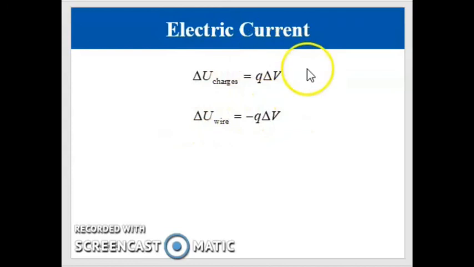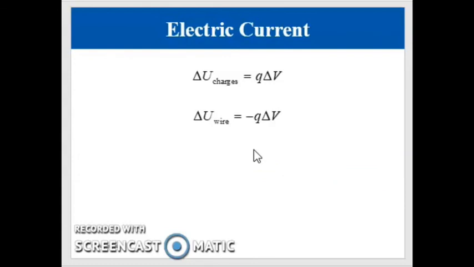This equation is the same as equation 16.2 in our textbook. The decreasing electric potential means that the moving charges lose energy according to the relationship given here. At the same time, energy is deposited in the current carrying wire.